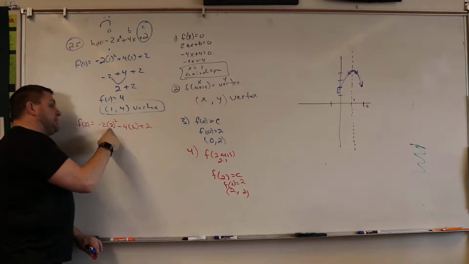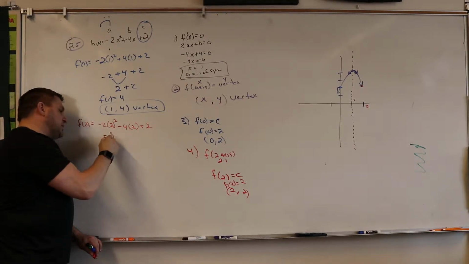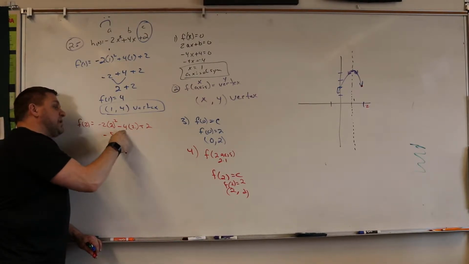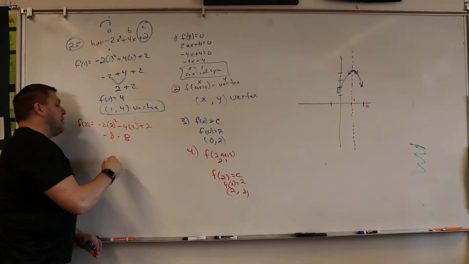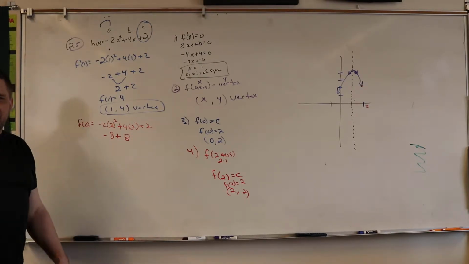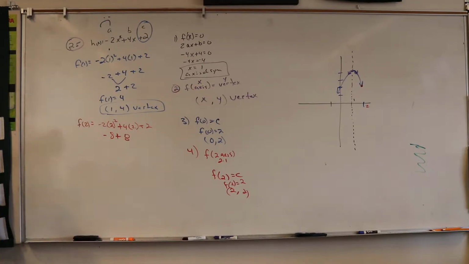What's 2 times 2 times negative 2? Negative 8. Then you've got 2 times negative 4, negative 8. Uh-oh, something's wrong. Oh, because that's a plus. So that is 0, and we are right again.